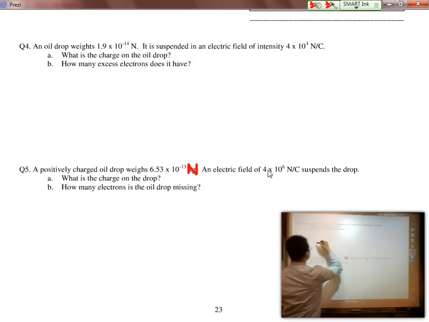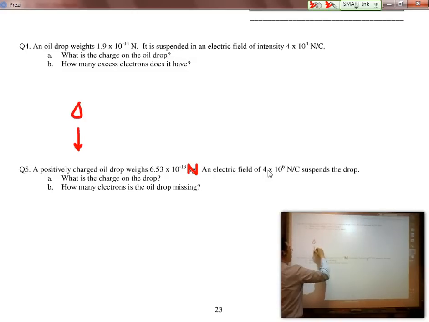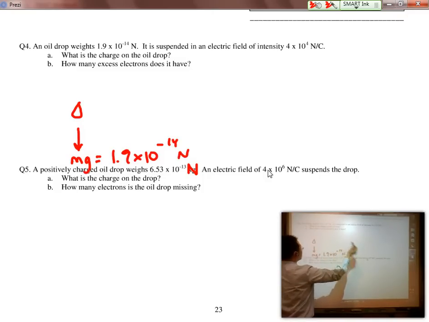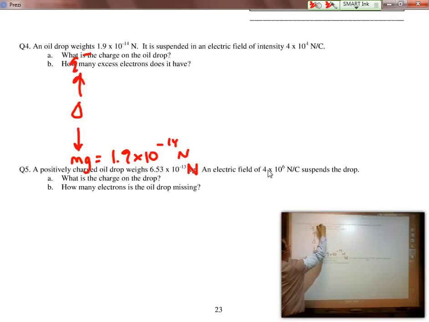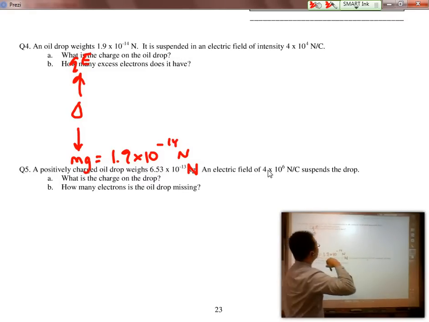So just to draw that out, I have my oil droplet, I have mg, which is equal to 1.9 times 10 to the negative 14 newtons. Pointing up is QE. So over here, we know the strength of the electric field. What's the exact charge?